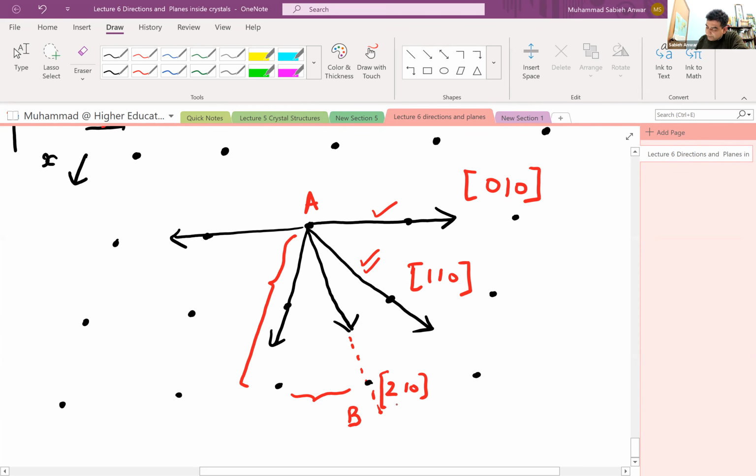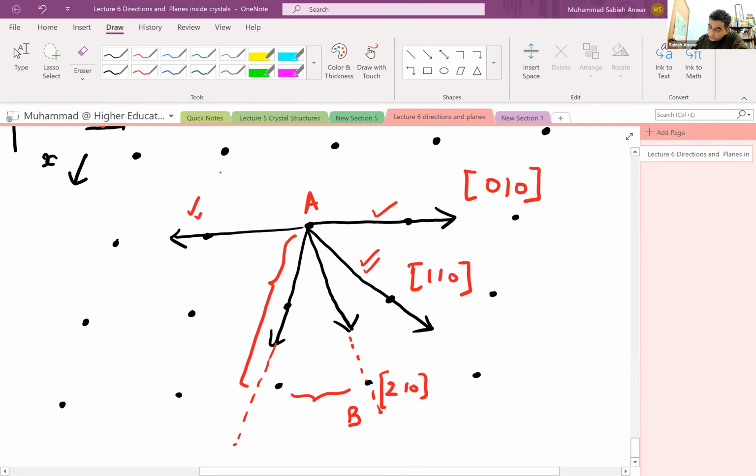All right, and so on. This direction will eventually meet some lattice point because it's an infinite crystal. And when it meets, I can count the number of hops that I've made along x and the number of hops that I've made along y. Then I can specify that direction.